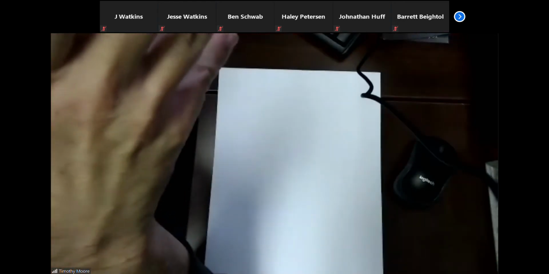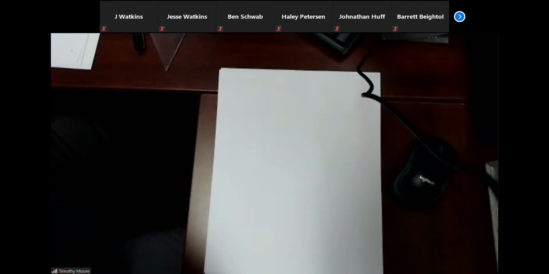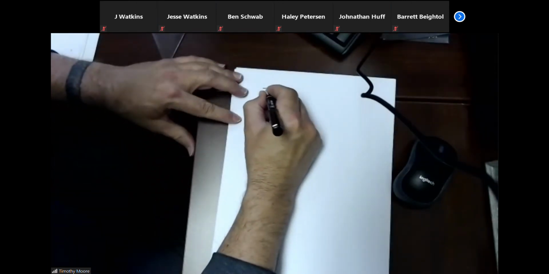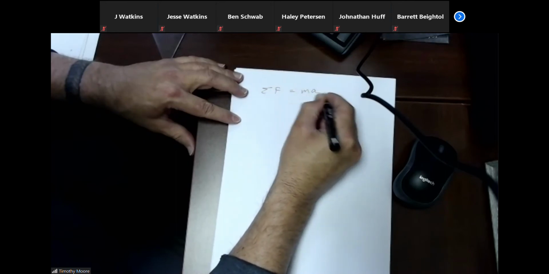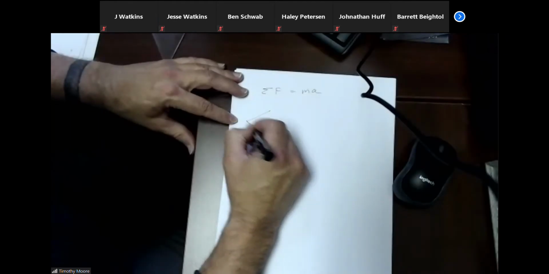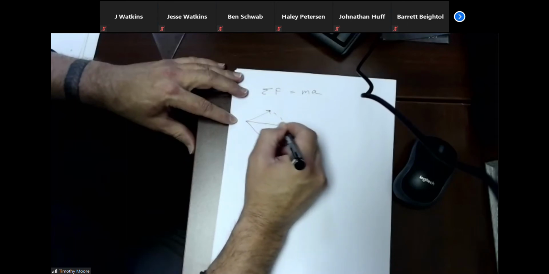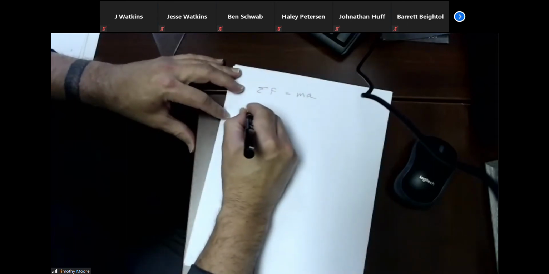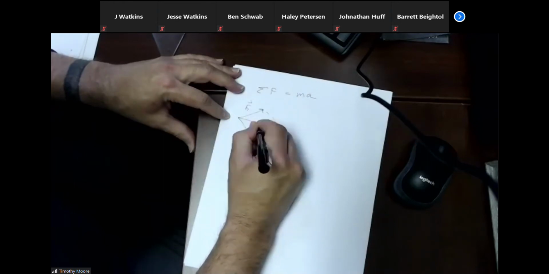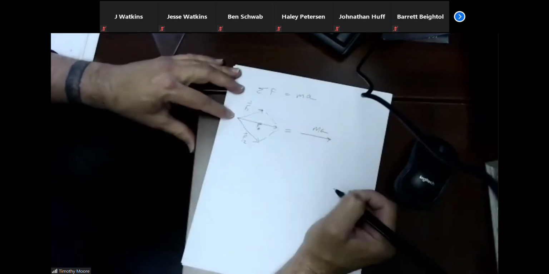I talked to you at that time about kinetic diagrams, and I said the sum of the forces equals ma. Just to refresh your memory, I wrote the equation that the sum of the forces is equal to the mass times acceleration. What this is saying is that the free body diagram could have F1, F2, and the resultant force, and this is equal to mass times acceleration.